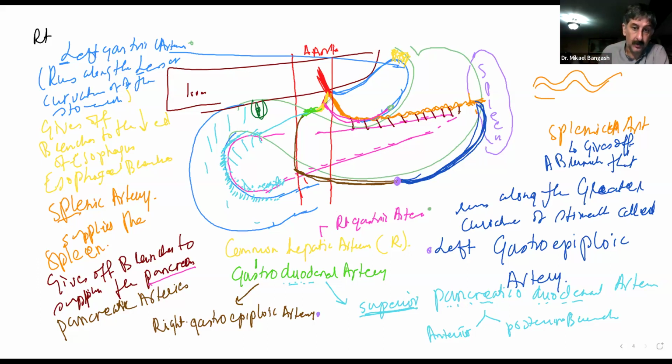That means it's going to run along the lesser curvature of the stomach, and it's the most with your left gastric artery. Did you get that? Yeah. Good. The other branch that it gives is the gastroduodenal artery.